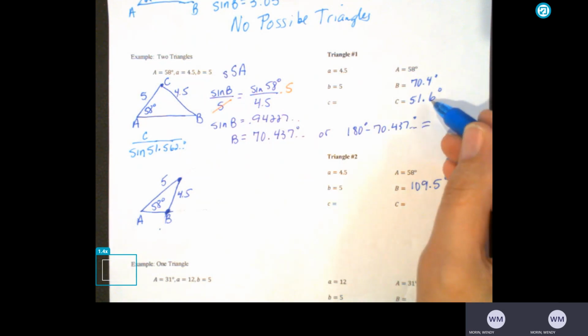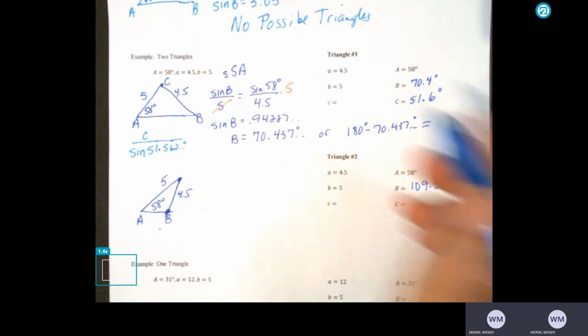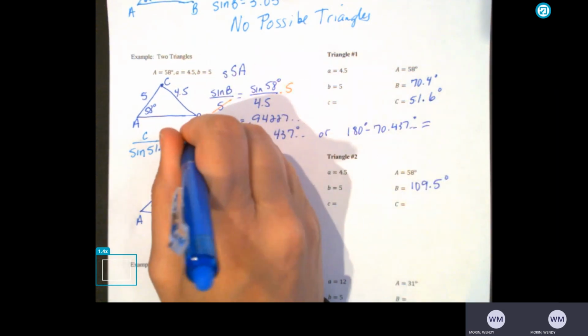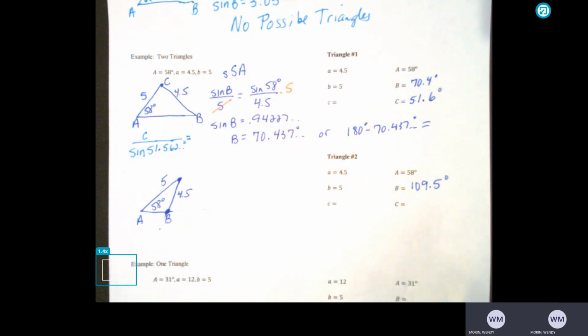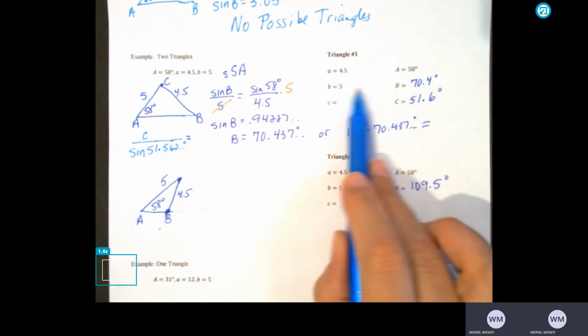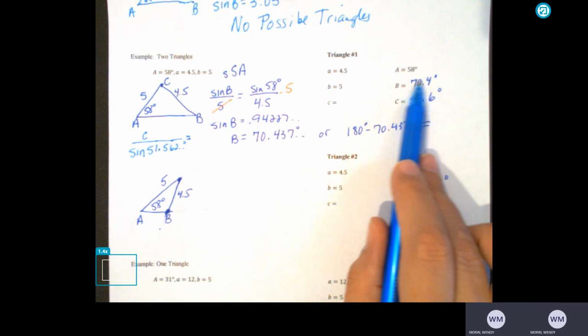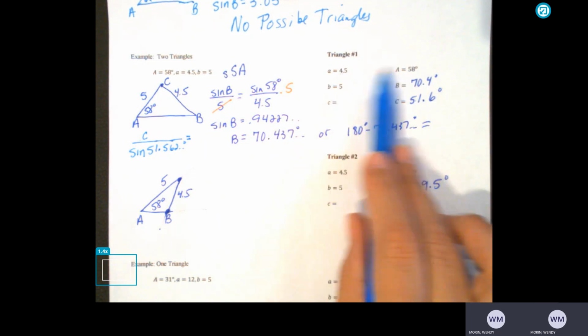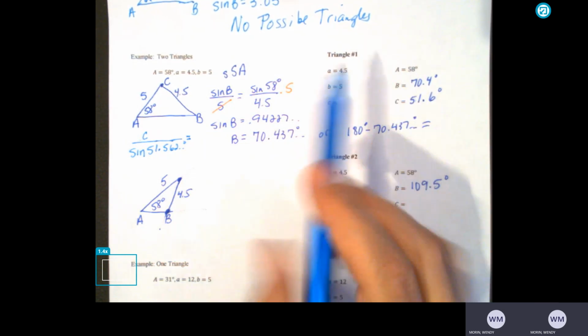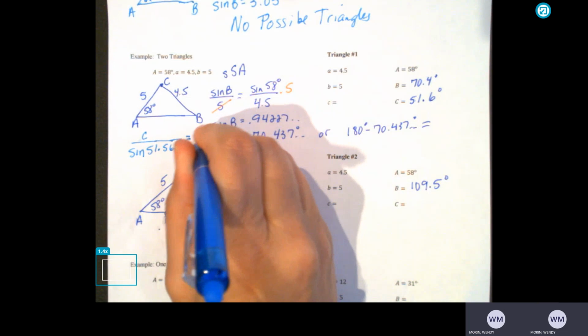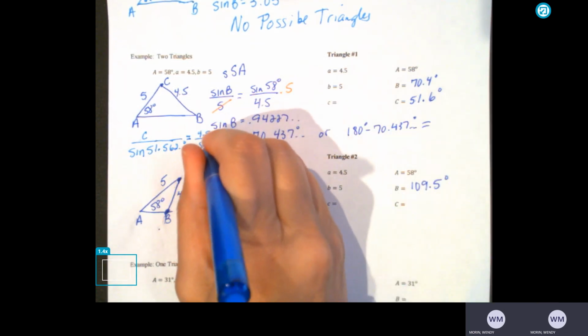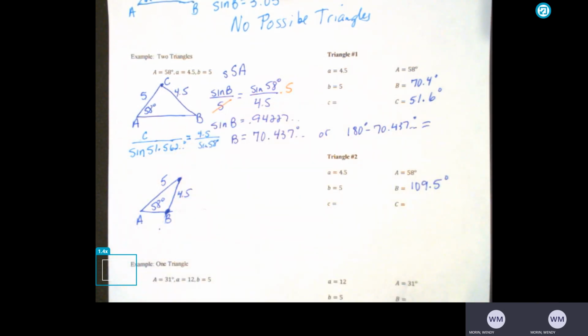Because you don't want to round and then round, because you have a rounded answer. Is equal to, again, you can use this ratio here, but what if this is wrong? So I always like to stick with the given. This is given. So 4.5 is to the sine of 58 degrees.